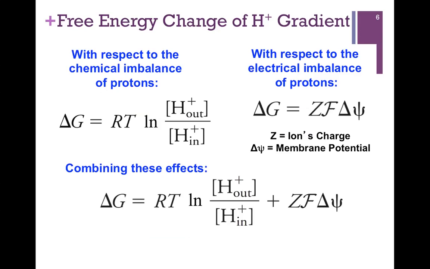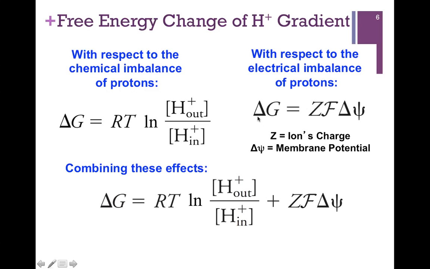So with regard to this proton gradient, there are actually two aspects to it. One has to do with the chemical imbalance in the concentrations, and that's pictured on the left of our screen here. So the free energy represented in that chemical imbalance is simply RT times the natural log of that difference in concentration outside over inside for those protons. However, since those protons also carry a charge, then there's also an electrical imbalance, and that's pictured on the right here.